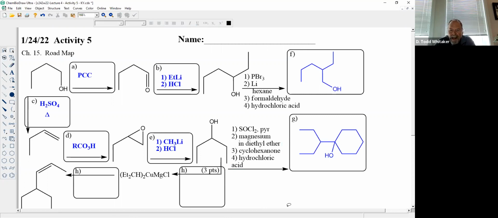Step one was to convert this to an organic halide, like a bromine or a chlorine. This will be the last step. I believe it'll be 4, believe it or not. I need to make it into a bromide or a chloride.